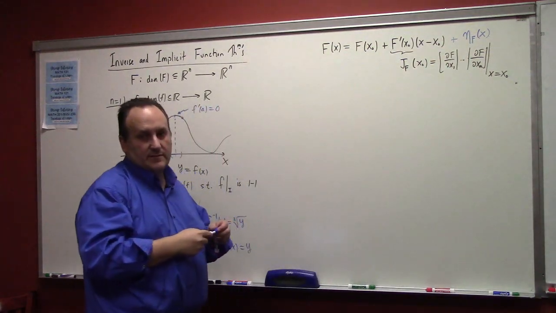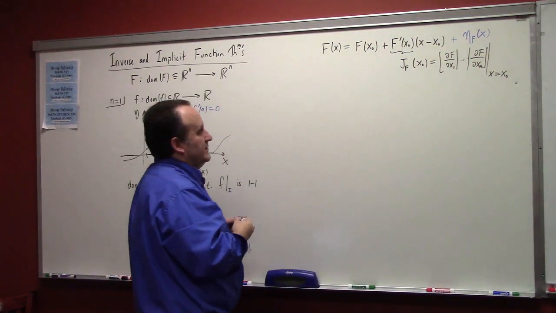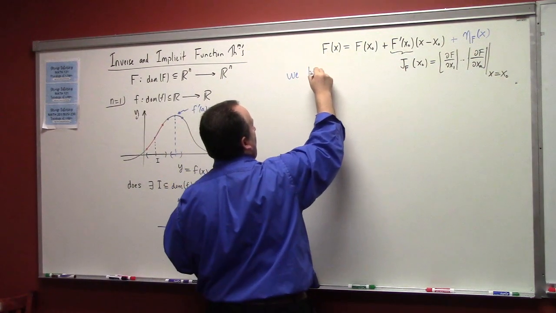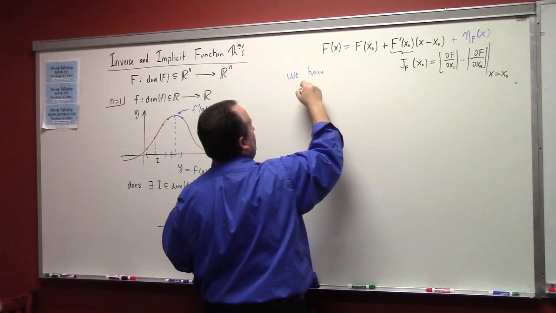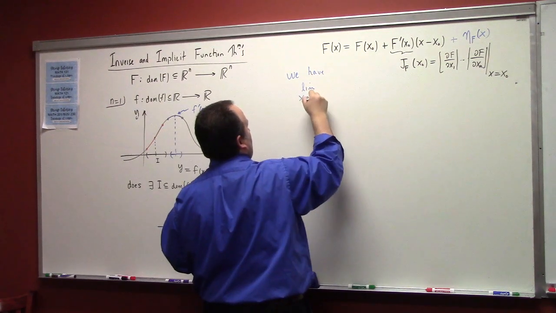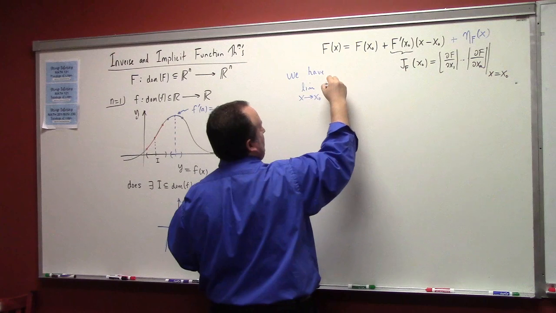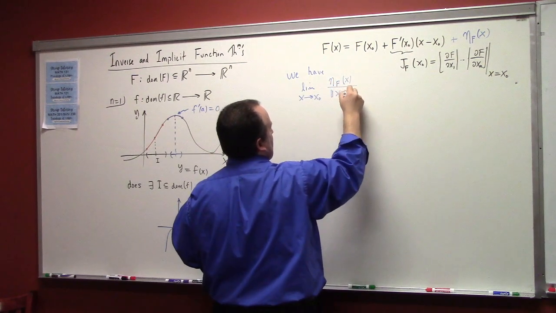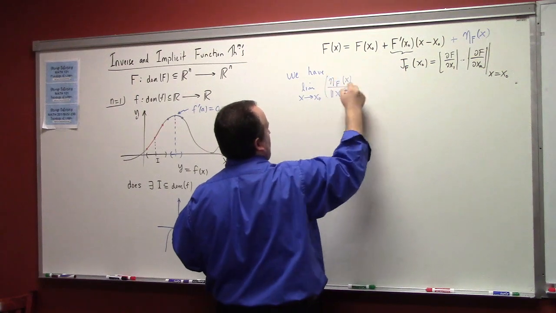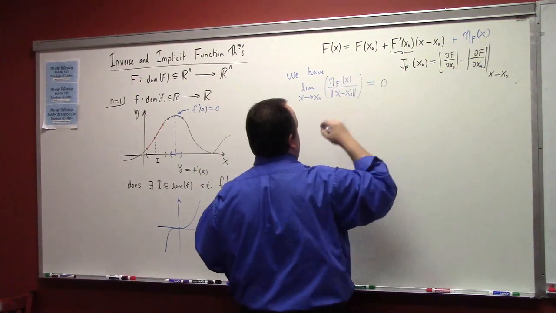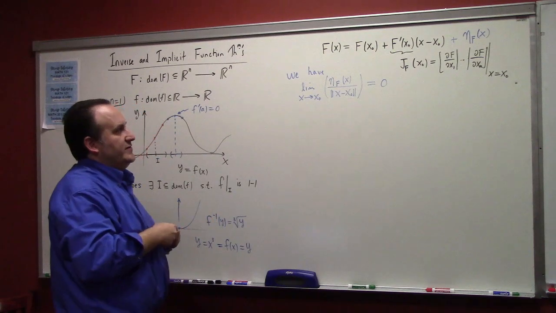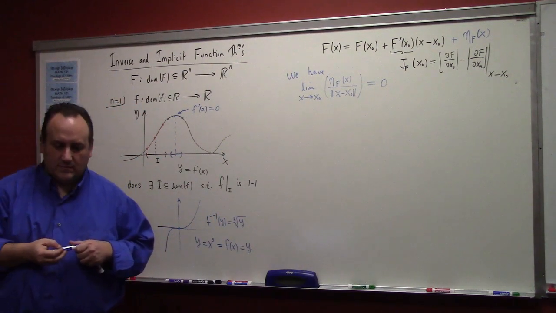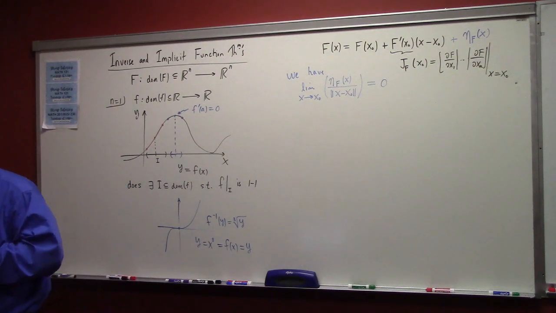So in this context, we would be given that the limit as x goes to x naught of the error term of x divided by the norm of x minus x naught has to equal 0. That is essentially a sneaky way of expressing the vanishing of the Fréchet quotient.